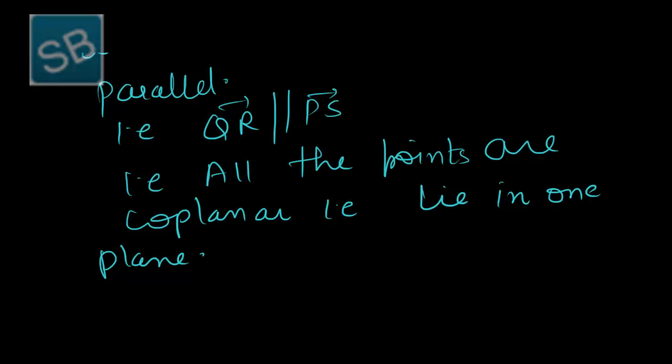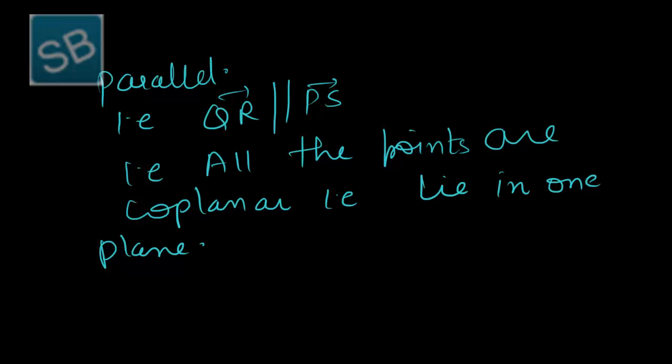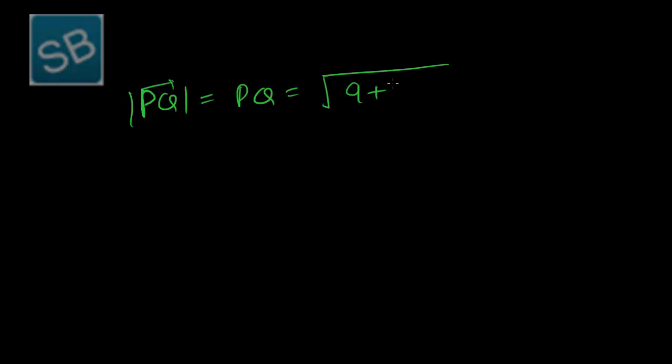So for this we will find the length of all sides by finding their magnitude. That is, the magnitude of vector PQ is equal to under root 3 square plus 3 square plus 0, which is equal to under root 18.